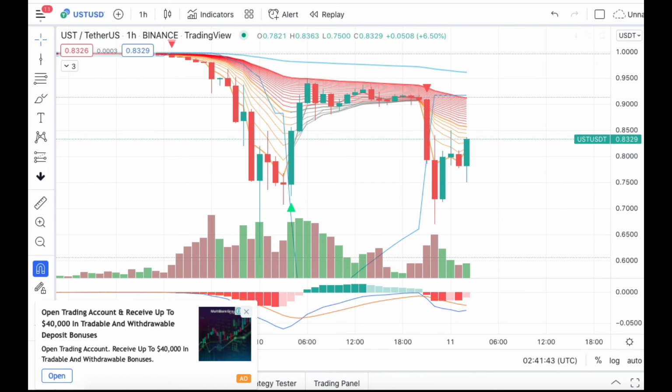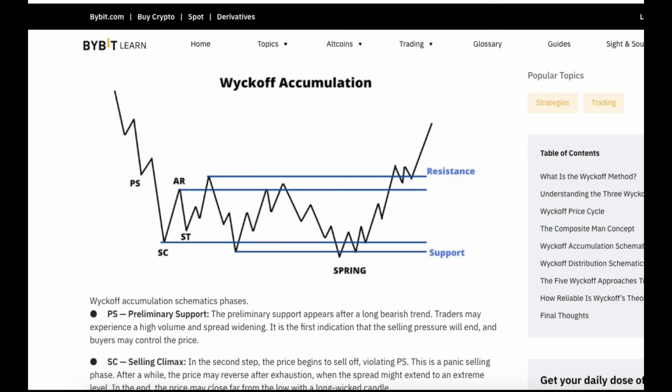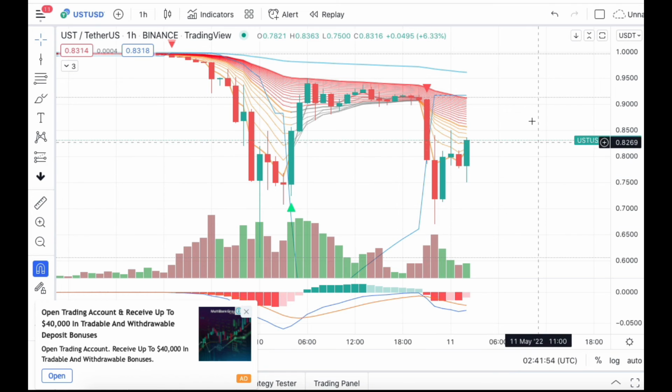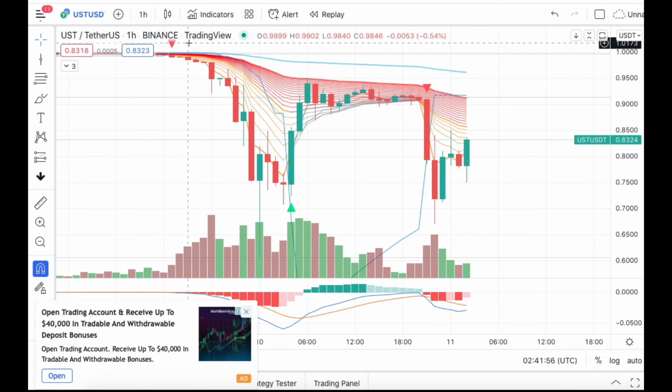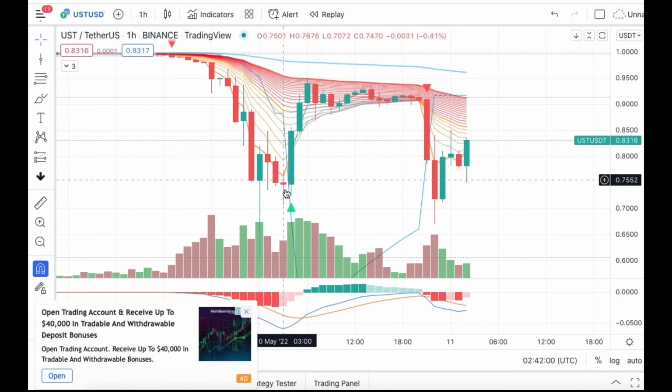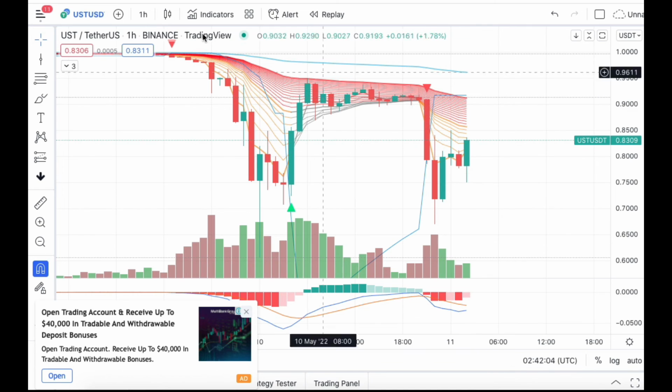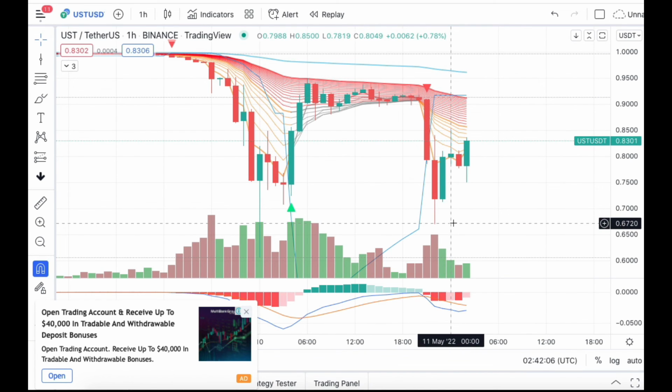Okay, so it's exactly like this Wyckoff accumulation model that we see here. And this could actually happen a couple of times, and that could even be happening now, or even on a larger scale as well. This could be preliminary support, and then this here could be the spring. So look into smaller time frames and find opportunities like this.